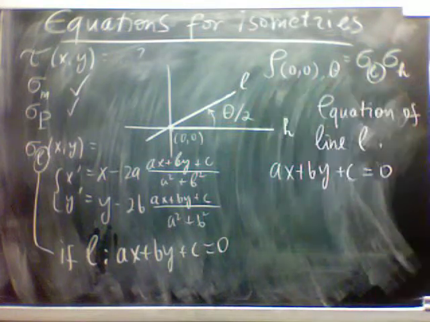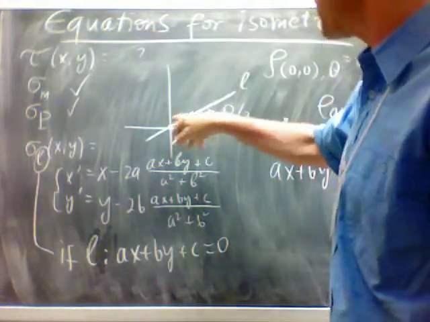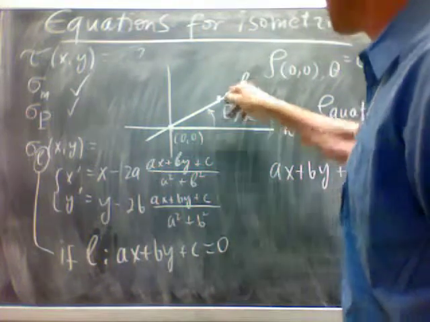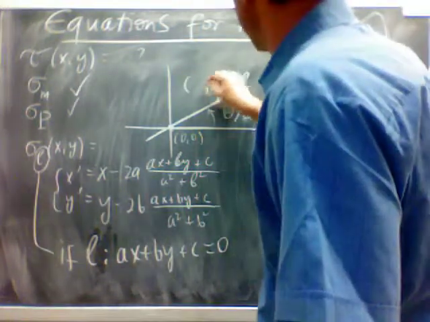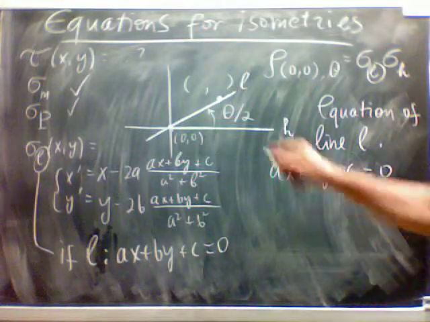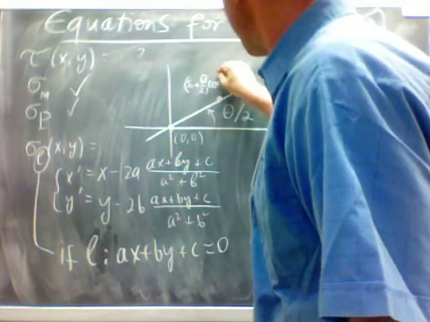There are a number of ways to obtain this equation, but basically what you do know is that unit length from the origin, there lies a point on this line with coordinates. What are the coordinates? Sine and cosine, right? Sine theta over 2, cosine theta over 2.